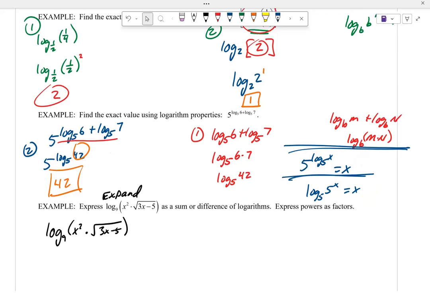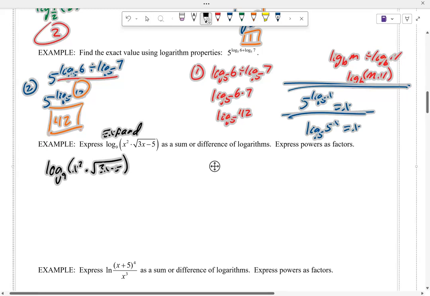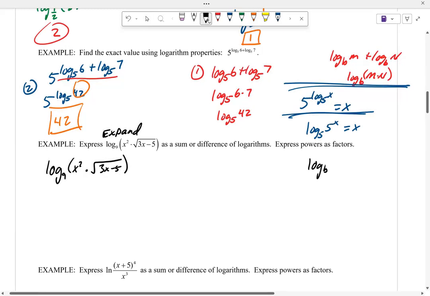So I'm using those 3 rules up top, right? So I have the log base b of m to the r is r times log base b of m.